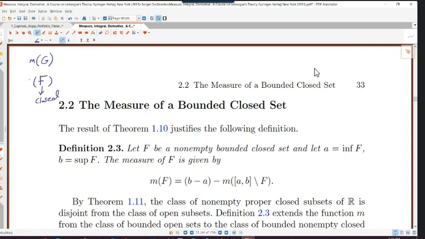what can be said about the measure of F?